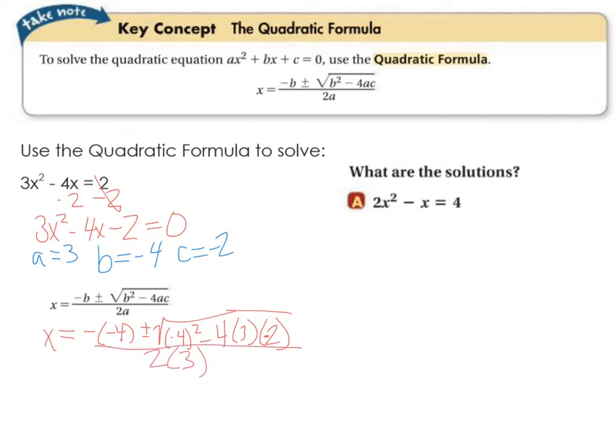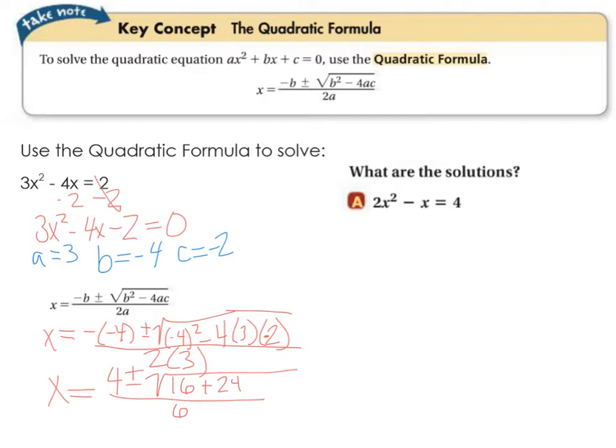And now we're just simplifying. So the opposite of negative 4, these negatives will cancel out to make this a positive 4, plus or minus the square root of negative 4 squared is 16. And then negative 4 times 3 times negative 2 will make this a positive 24, over 2 times 3, which is 6.